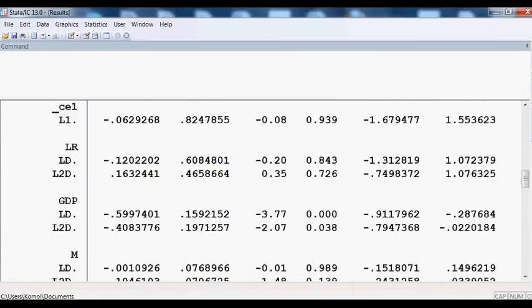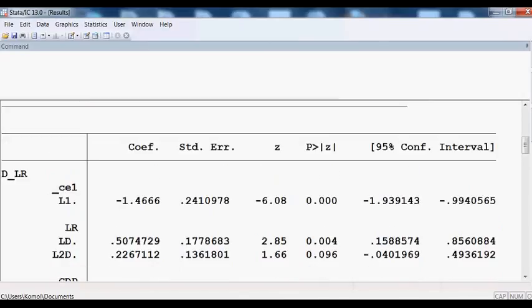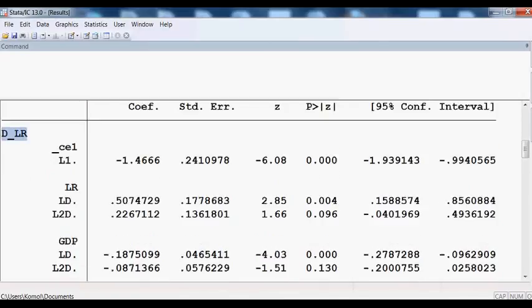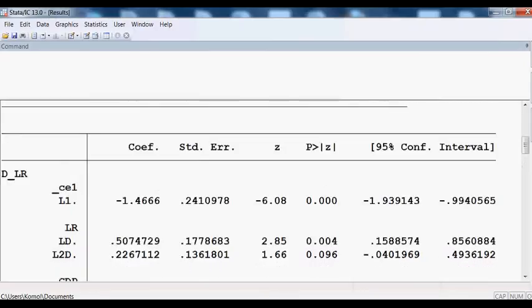meaning that I come back to my model, that is my model, right? Meaning that the M, which is money supply, meaning that LD and L2D are 0, meaning that money supply cannot cause LR in the short run.